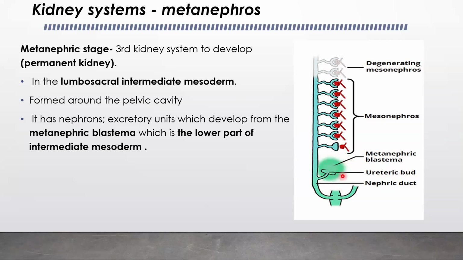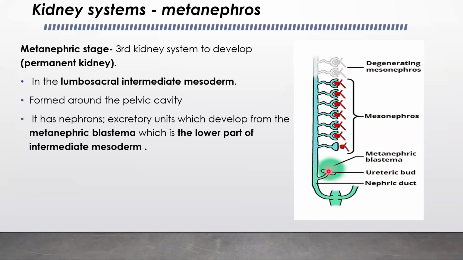So the epithelial bud, the ureteric bud, will stimulate the metanephric blastema to develop and give us excretory units, while the metanephric blastema will stimulate the ureteric bud, or induce the ureteric bud, to form the ureteric collecting tubules.